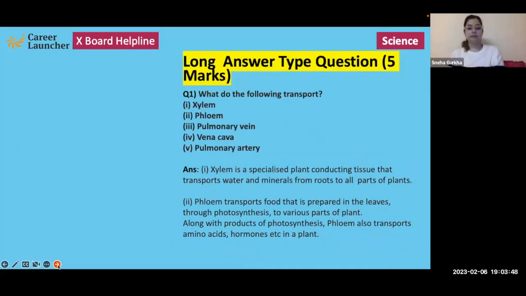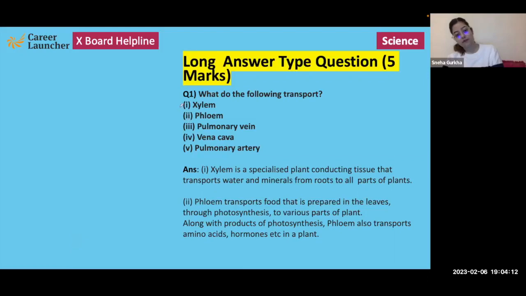Next, we have 5 mark questions. Let's have a look at the questions. So the first question is divided into 5 parts, and very briefly we have to answer each part. The first part says, what do the following transport?